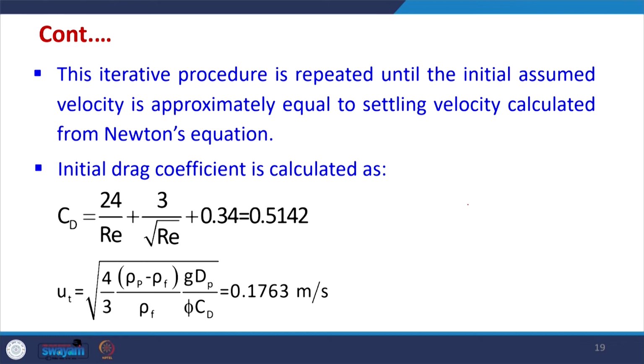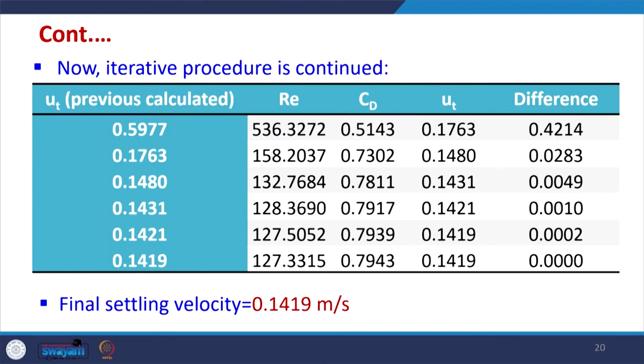Now, since the Reynolds number is known, we find out the value of the drag coefficient. So, CD is known. Now, we put in the terminal velocity and find out the terminal velocity, and from here we have to find out the Reynolds number again and again put it in this CD expression. So, this way we have to iterate.